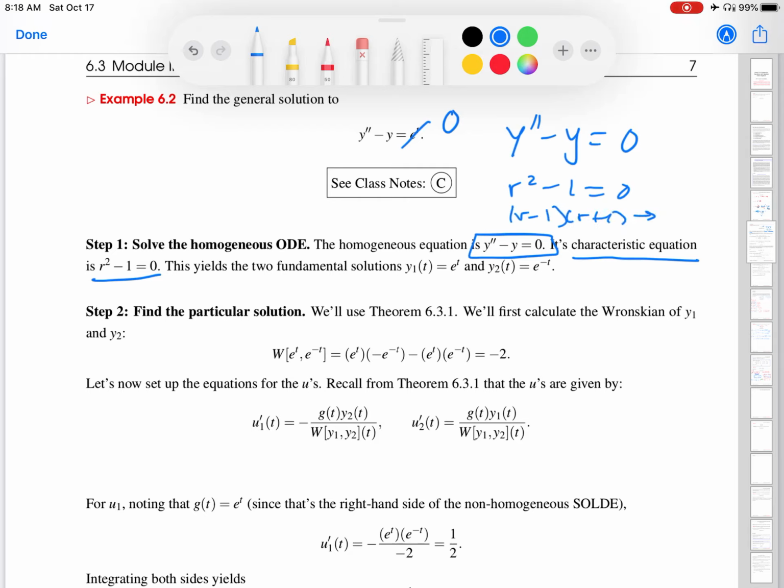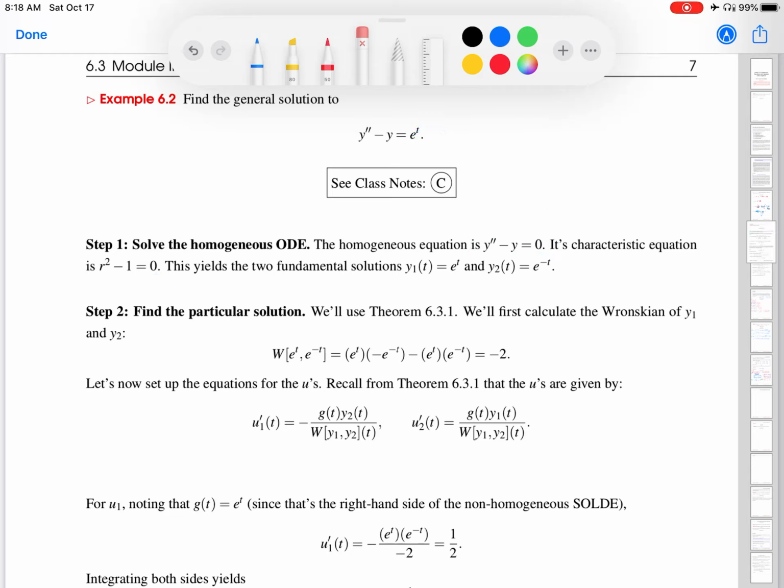Therefore, it gives you the two solutions, 1 and -1. The r equals 1 solution gives rise to this y1, e to the t, solution to the ODE. The r equals -1 gives rise to this y2, e to the minus t, solution. And we can check that those are fundamental solutions, meaning that their Wronskian is non-zero.